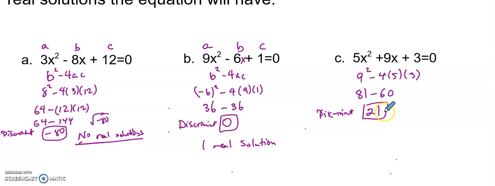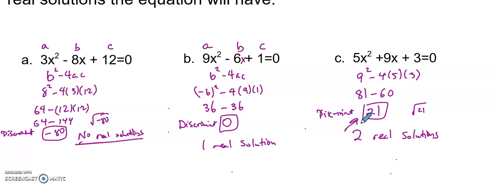Since this is a positive number, well, if I square root of positive 21, I know that's okay. So this will have two real solutions. Okay? Now, in this last case, if it has two real solutions, then I know that I should go ahead and I can keep on solving, and then I'm going to plug that number into the quadratic formula.